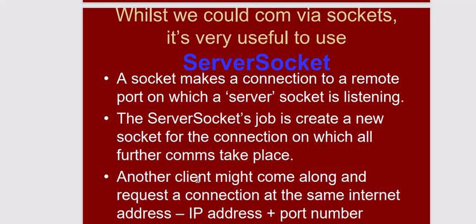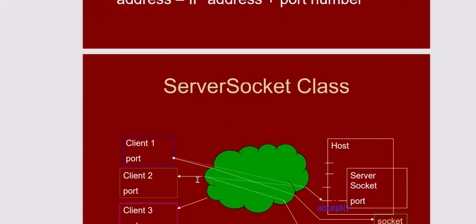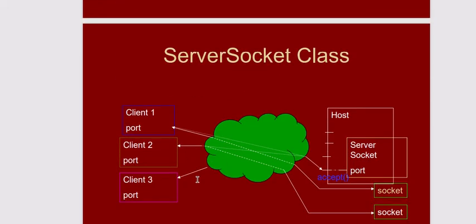Let's see what happens. I'll show you by means of this diagram. Here am I, client number 1, and I've got a particular port, maybe port 99, and I'm establishing a connection with the server socket on, let's say, port 80.